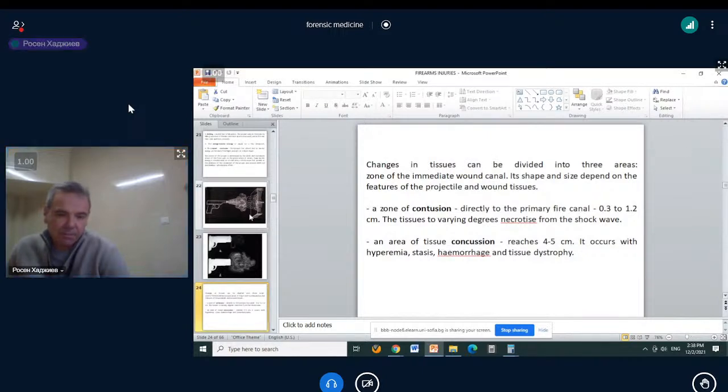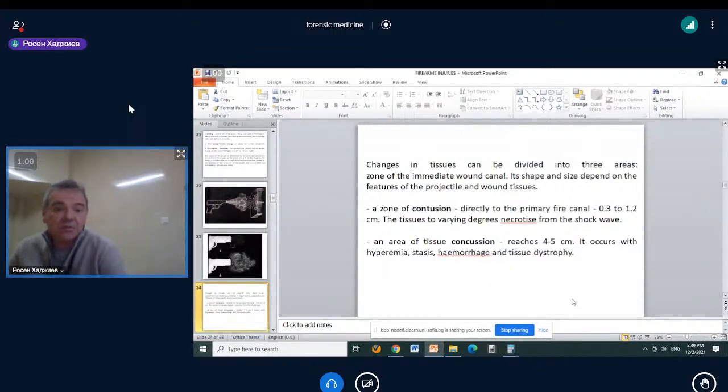Changes which are produced by the effect left by the projectile can be divided into three areas. The first zone is the zone of immediate wound canal. The tissues are destroyed by the bullet itself. We have nothing in this canal. It's empty space.